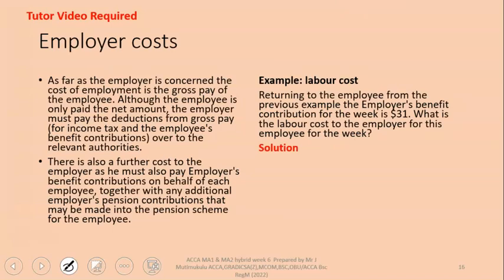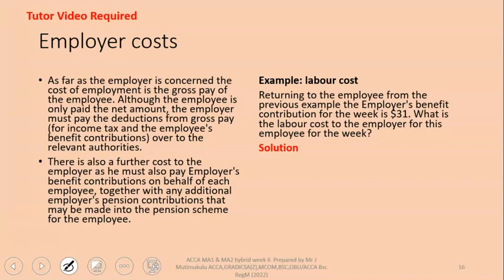Okay. Now, as far as the employer is concerned, the cost of employment is the gross pay of the employee. Although the employee is only paid the net amount, the employer must pay the deductions from the gross pay for income tax and employees' benefit contribution over to the relevant authorities. All right.